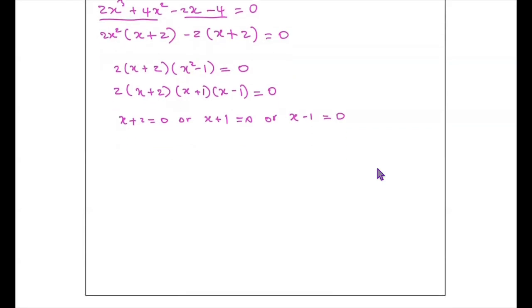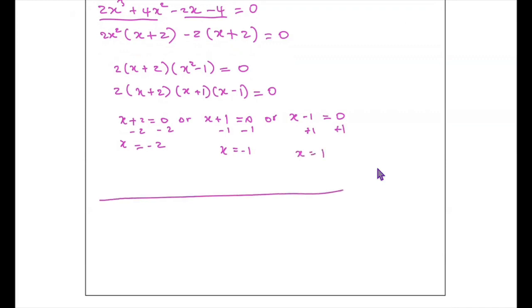So we have, if we subtract 2 on both sides, x equals -2. If we subtract 1 on both sides, x equals -1. If we add 1 on both sides, we get x equals 1.